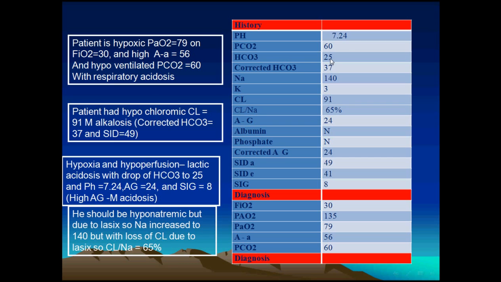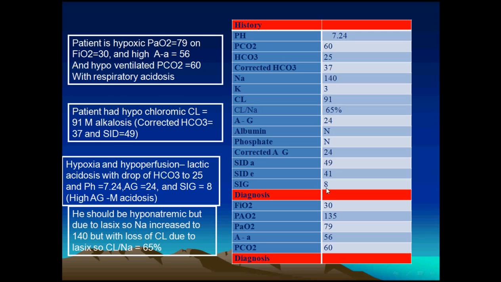So this is a very important one. The patient was on Lasix. That's why his state was hypochloremic metabolic alkalosis due to the use of Lasix as the line of treatment. But when he developed acute exacerbation of heart failure, he developed more lactic acidosis, more acids.